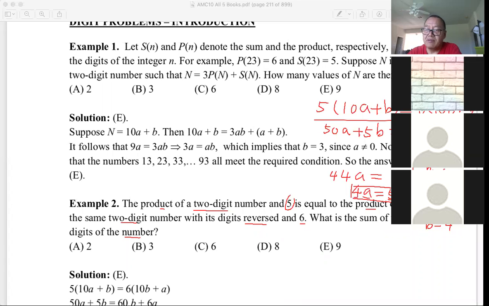For B, that's from 0 to 9, 10 choices. But you need to satisfy this requirement. So A can only be 5 and B can only be 4. No other choices. So the sum of these two digits equals 9. So the correct answer is E.